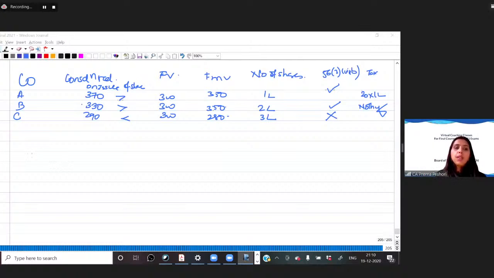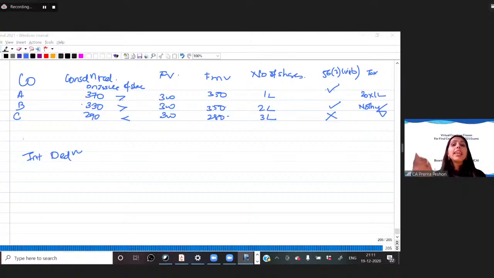Okay. The last point is interest deduction. Earlier, as I said, dividend was taxable in the hands of the company because DDT was levied. Now dividend is taxable in the hands of the shareholder. Earlier, when dividend was taxable in the hands of the company, it used to be exempt in the hands of the shareholder, so whatever interest expenditure was incurred for the purpose of earning dividend used to get disallowed under section 14A, if you remember.